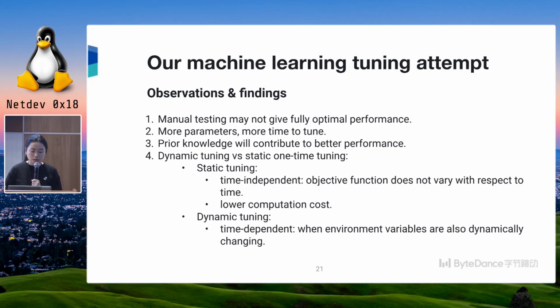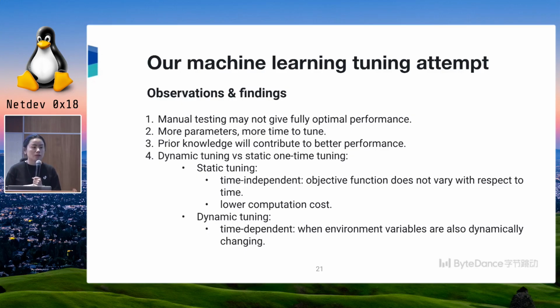And the fourth one is comparing dynamic tuning versus static one-time tuning. The benefit of static tuning is that it gives you a lower computation cost. It works when you have a pretty stable environment where the end goal does not change that much.